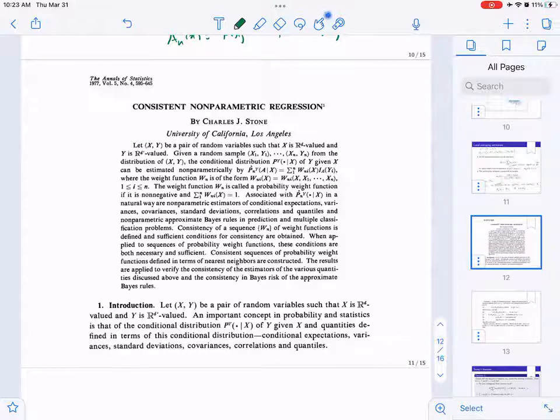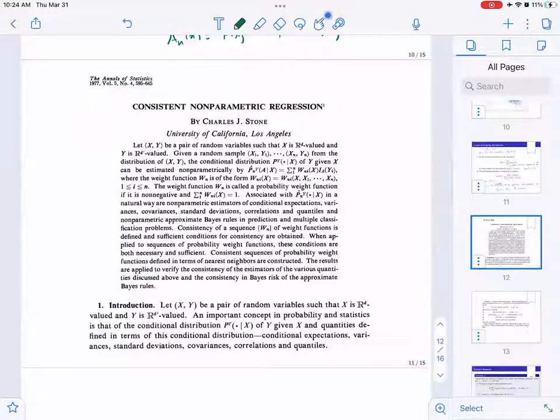Let X and Y be a pair of random variables in R^d, given a random sample, the training data. The conditional distribution of Y given X can be estimated nonparametrically. In the abstract, he also provides a nonparametric estimation of the conditional distribution.